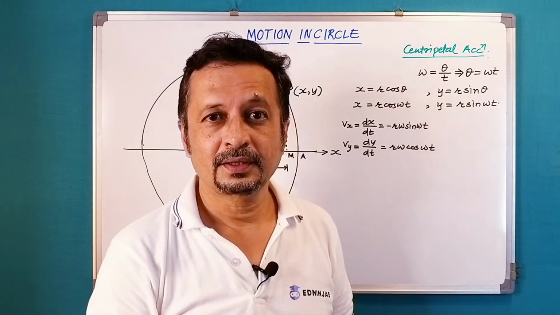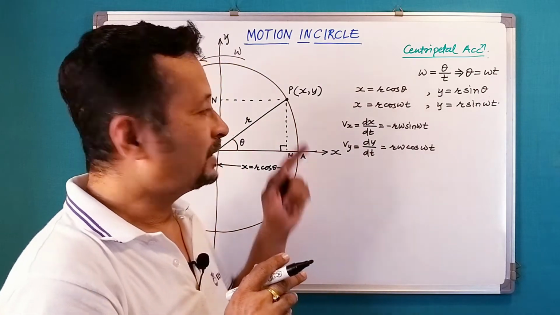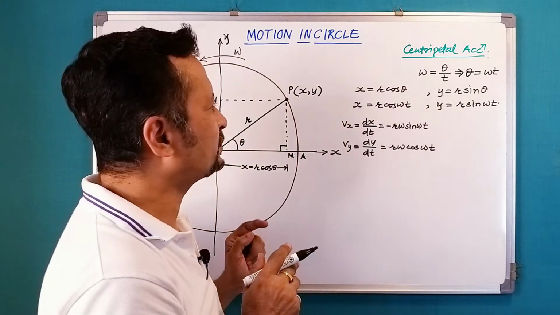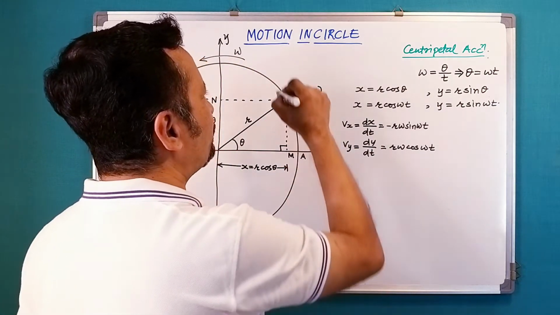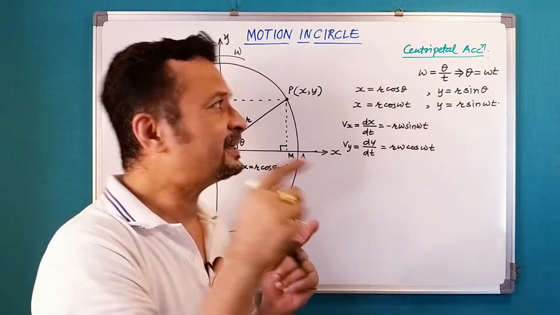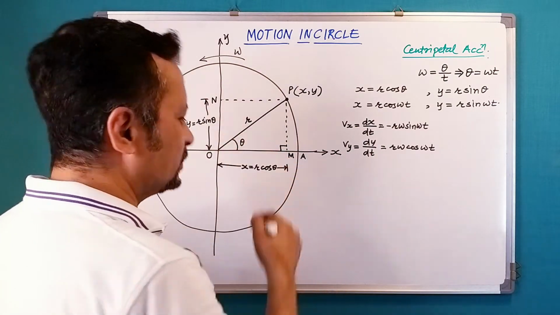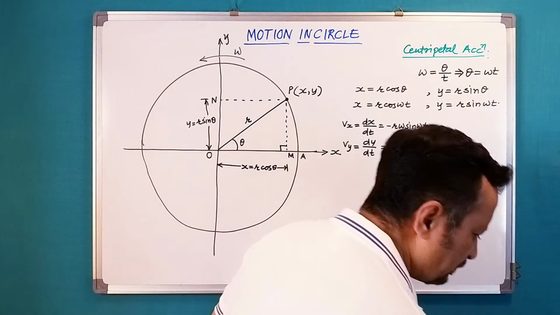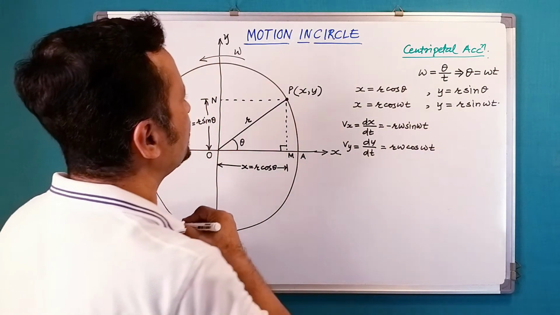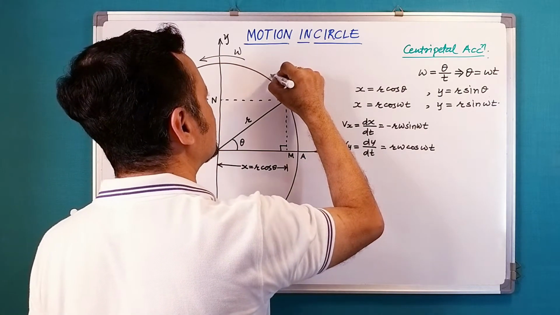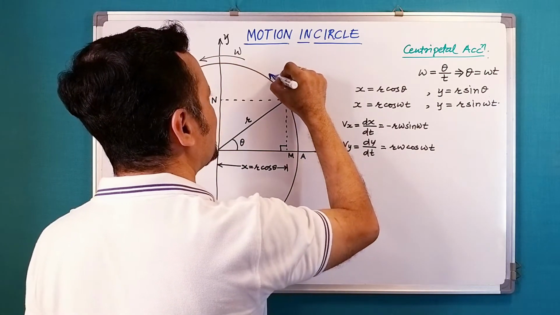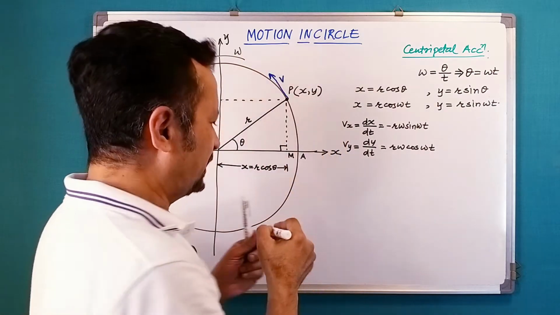Now you can see that my velocity is tangential, and the particle is moving in the anti-clockwise direction. So I'm going to mark my velocity over here as this. This is my velocity.